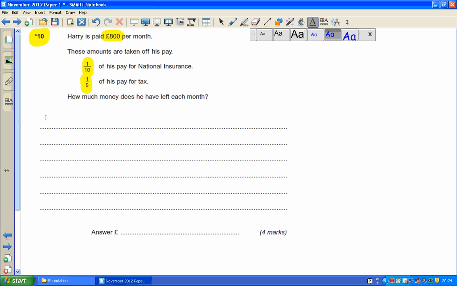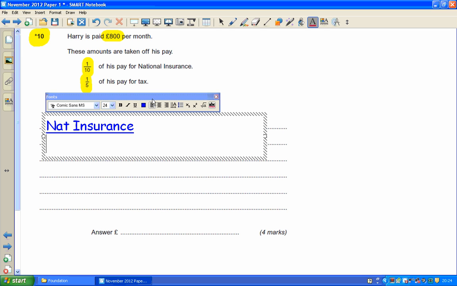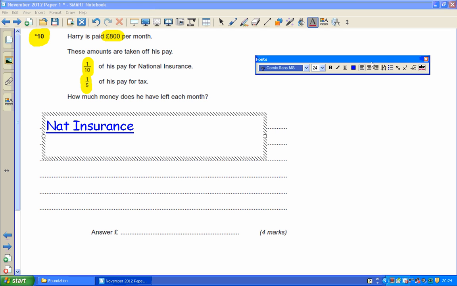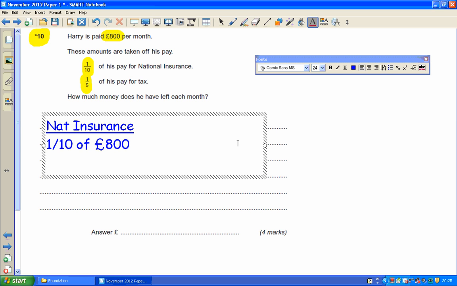So the way I'll be doing this one is I'll be looking at national insurance first. And national insurance is 1/10 of £800. Now to work out 1/10 of £800, we're going to do 800 and we're going to divide by 10.